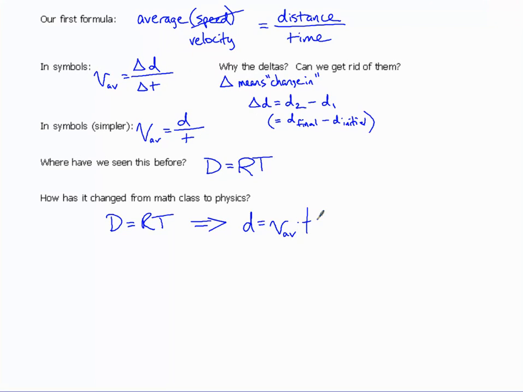Something useful that the previous physics teacher, Mr. Duff, showed the class, a very helpful tool, is that when you're looking at a formula like distance equals rate times time, you can draw this circle that looks like this.